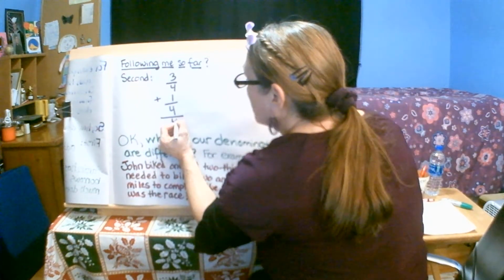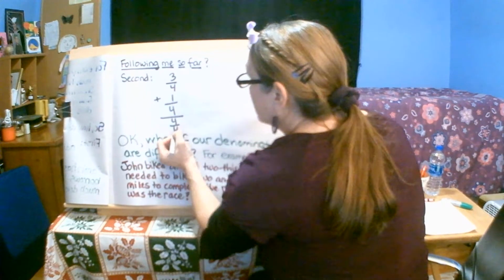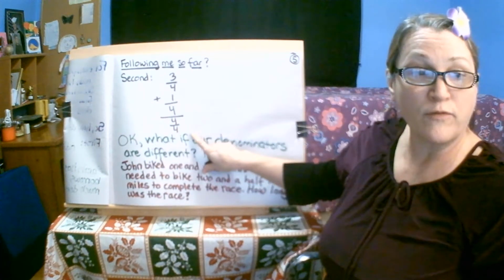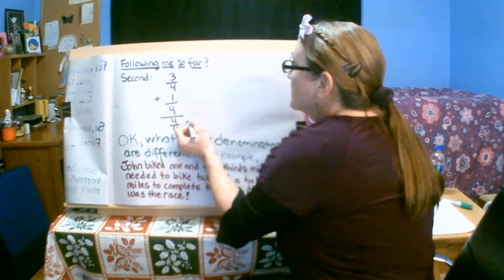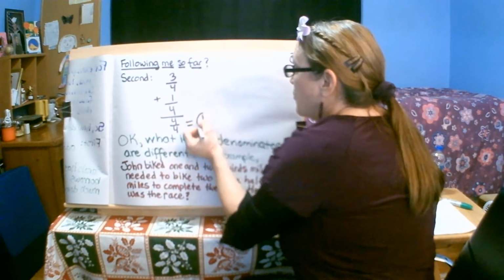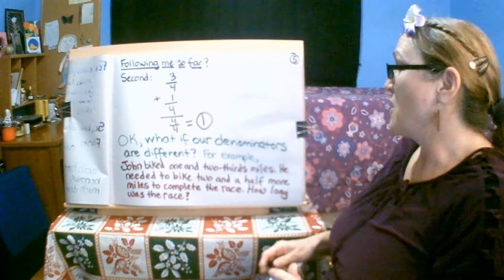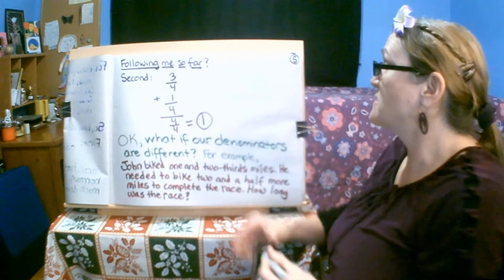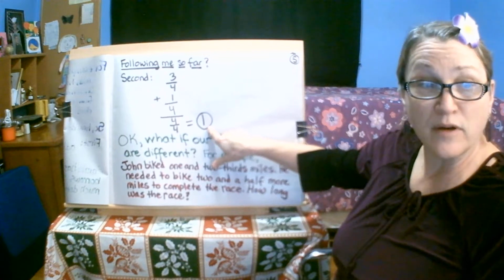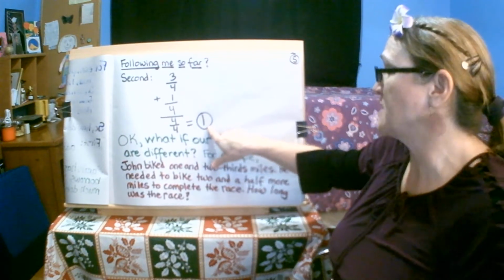Yes, 4/4. Very good. And what does 4/4 equal? What whole number is that? Good job, guys. It is 1. So, okay, so Sarah has 1 whole cup of flour. Good job, guys. Very nice.